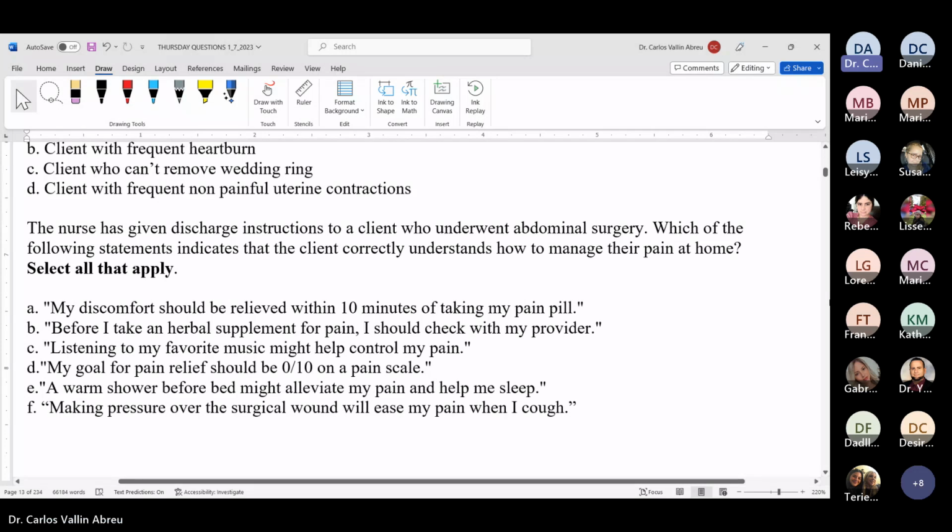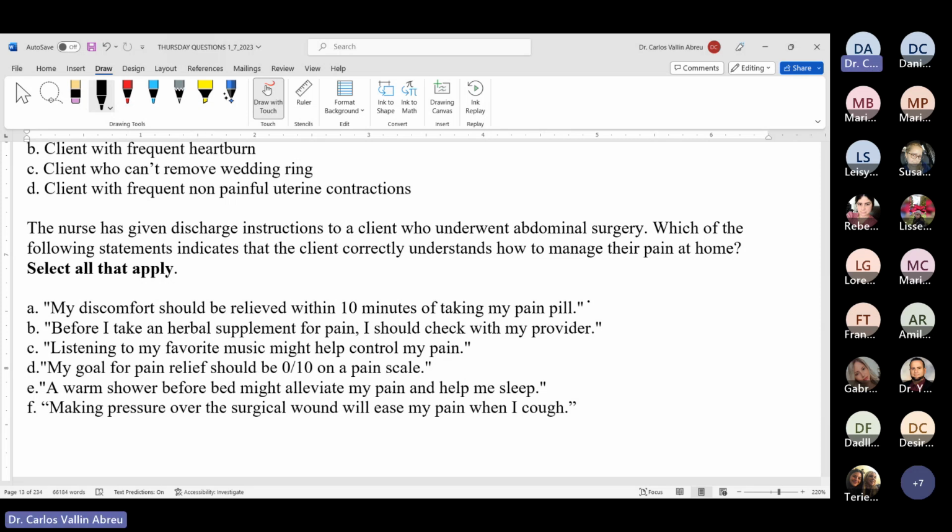The nurse has given discharge instructions to a client who underwent abdominal surgery. Which of the following statements indicate that the client correctly understands how to manage their pain at home? Pain management, abdominal surgery. Okay. My discomfort should be relieved within 10 minutes of taking my pain pill.